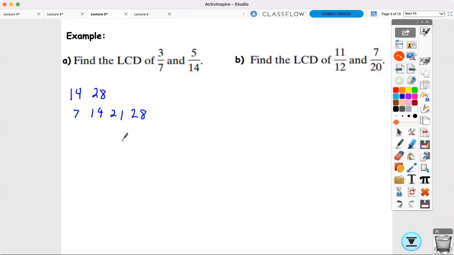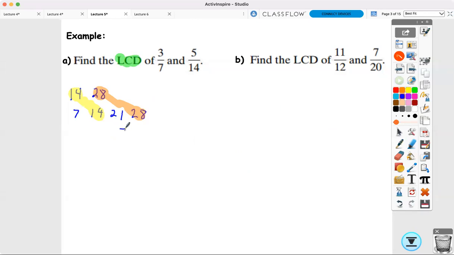Now look, do you guys notice any commonalities? Are there any factors, or not factors, but multiples that are similar? Yes, we have the 14s, but we also have the 28. So these are both common denominators, but with the LCD, there's a key word in this phrase, the L. What does the L stand for?